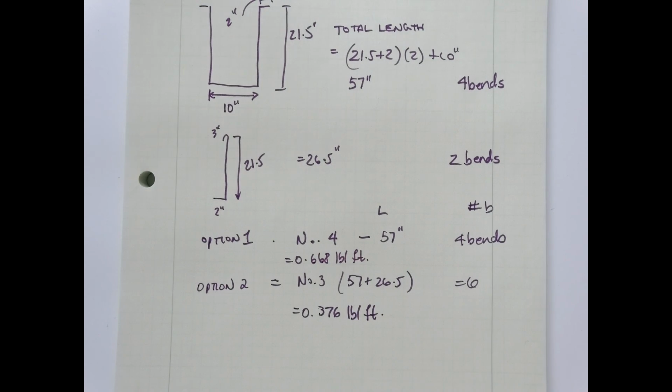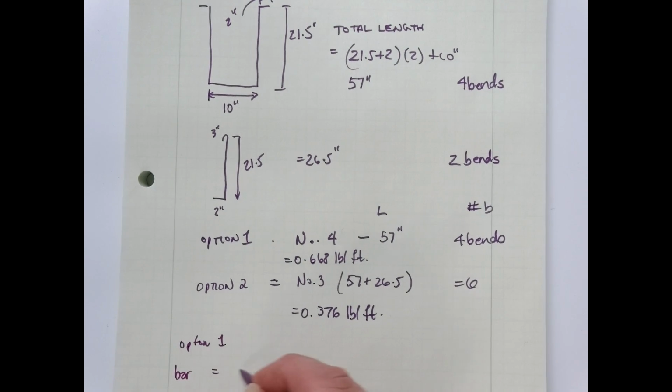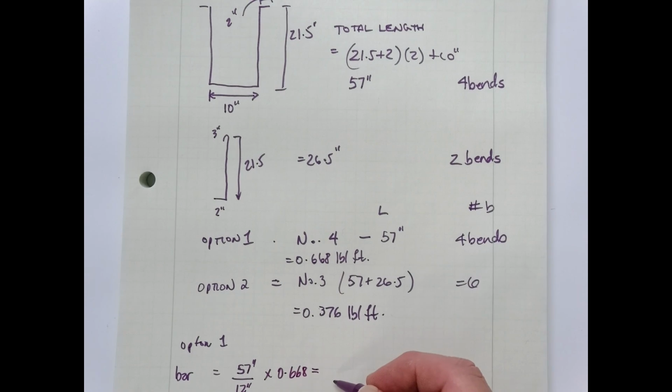So let's figure this out, right? In option 1, the bar is 57 inches divided by 12 inches multiplied by 0.668, and that's equal to 3.17.